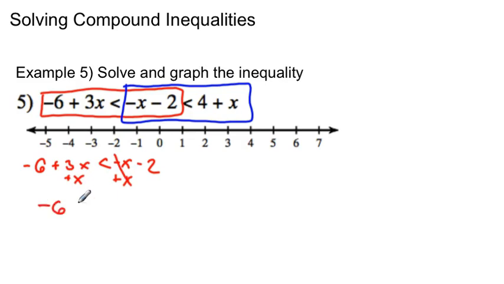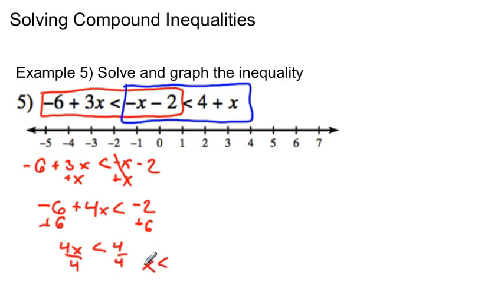That gives me -6 plus 4x is less than -2. Now to isolate the x, I'm going to add 6 to both sides so that I have 4x is less than 4. Divide both sides by 4, and my answer comes out to be that x is less than 1.